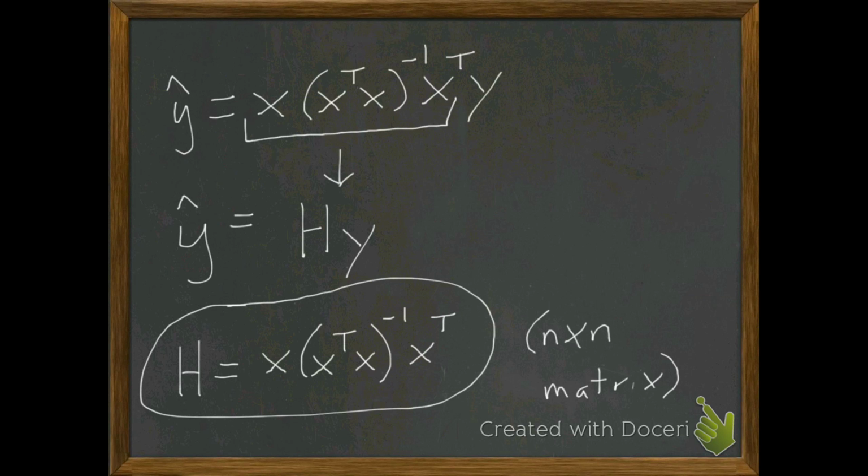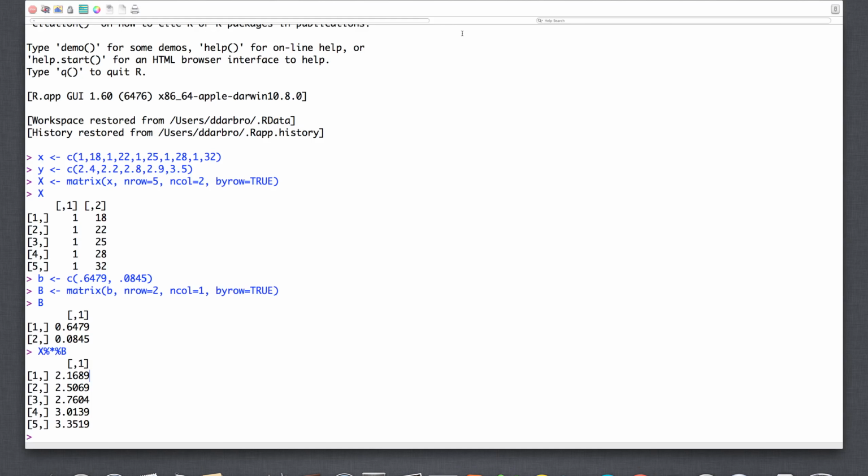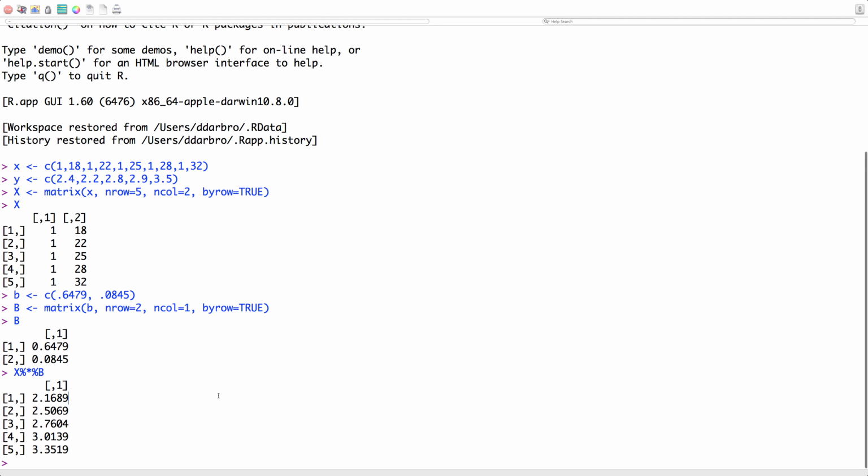So I'll tell you what. Let's go calculate the hat matrix back in R. I'm going to call this matrix Y. And what I want to do right now is just take X transpose times X inverse.